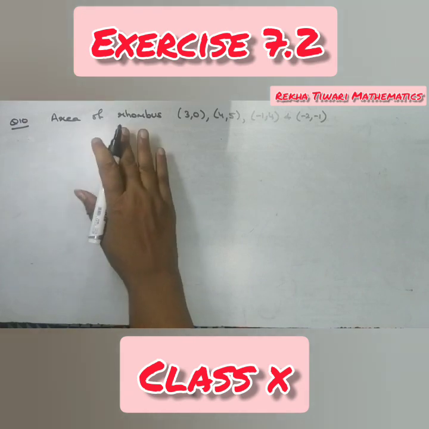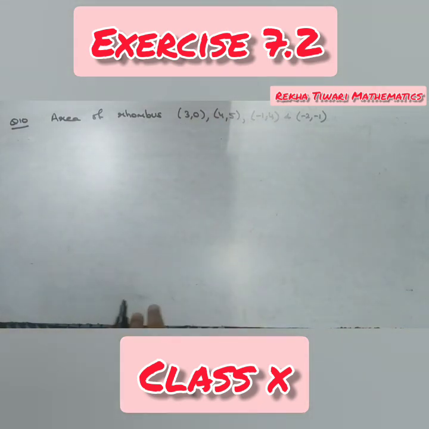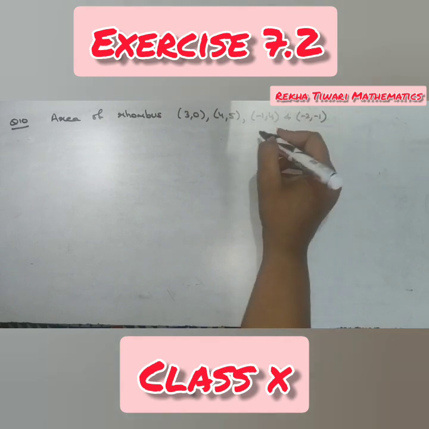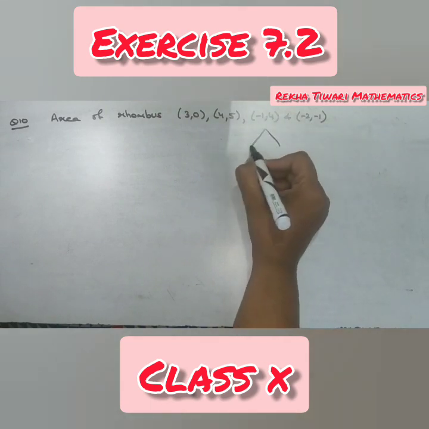So now you have to find out the area of rhombus whose vertices are given, and these vertices you have to take in order. So first of all, draw the rhombus.